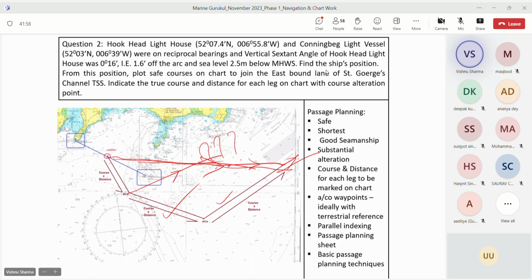Otherwise, in Sunil's notes there is a sample sheet, on page number 2, a simplified passage planning table he's made for the exam. Yes, sir. You can be guided by that, or if you want to use what you use on your ships, it's okay, no problem.